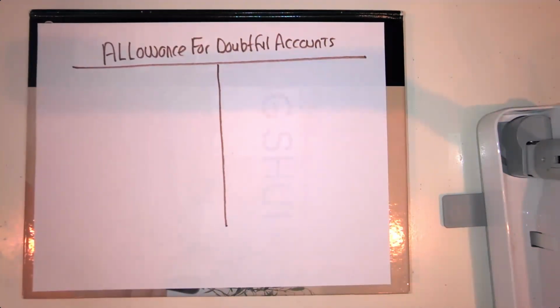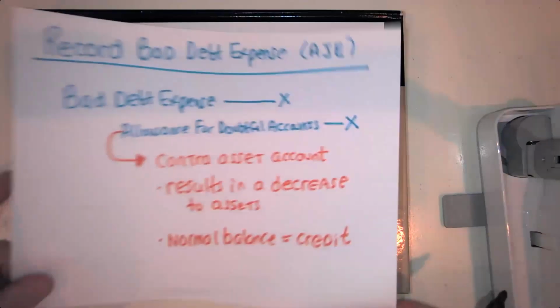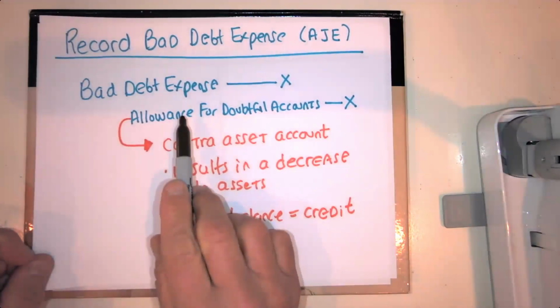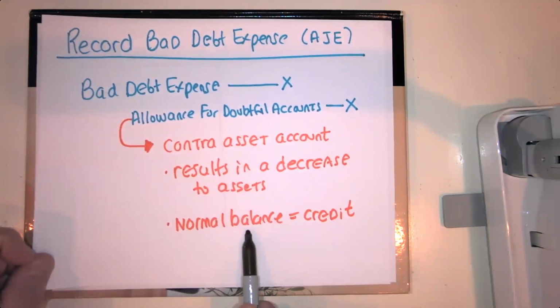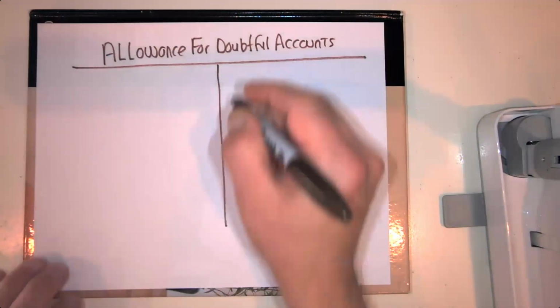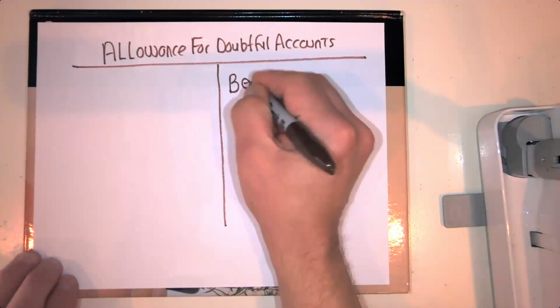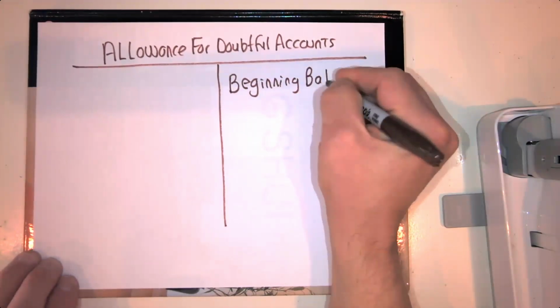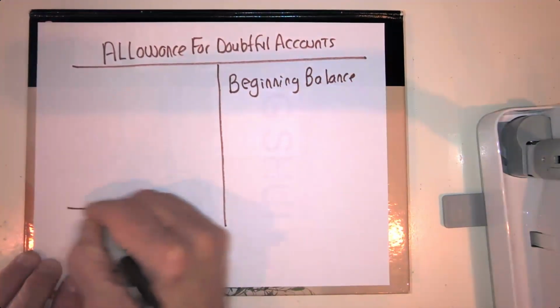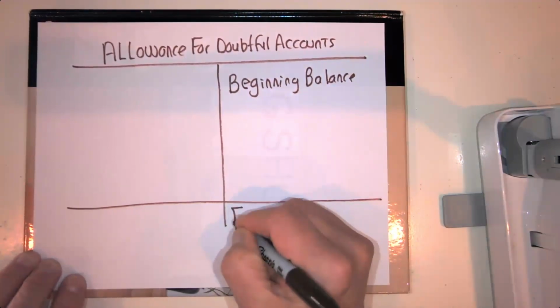And we have already heard earlier tonight that the allowance is a contra asset with a normal balance of a credit. So that means our beginning balance and our ending balance will be found on the credit side of the T account.